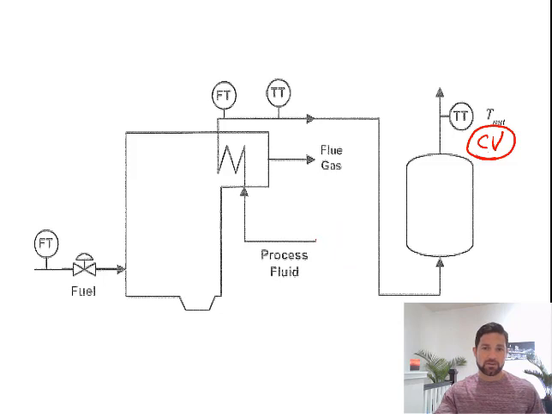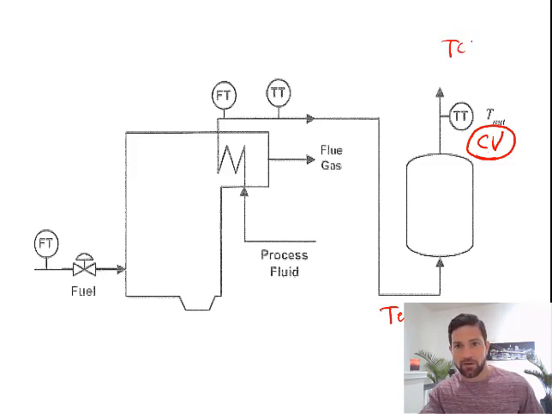Okay, so for this system, this process fluid is being heated, and it's going to go on. We know that the temperature of the stream coming into the reactor is going to be important. It's going to affect the temperature coming out here. So in feedback only mode of operating, we have a specified temperature.